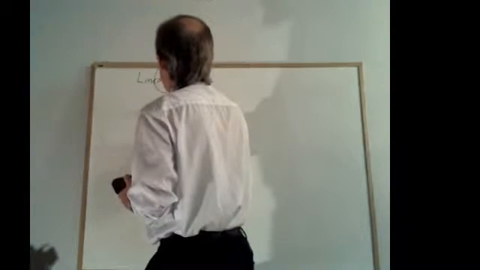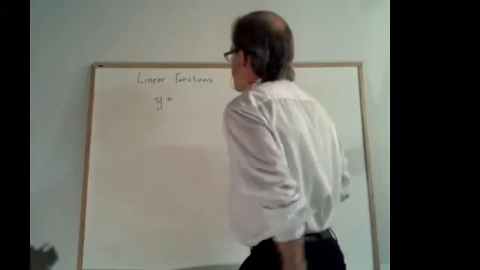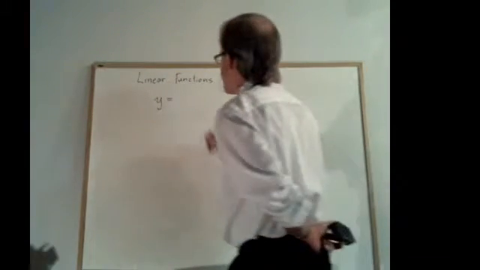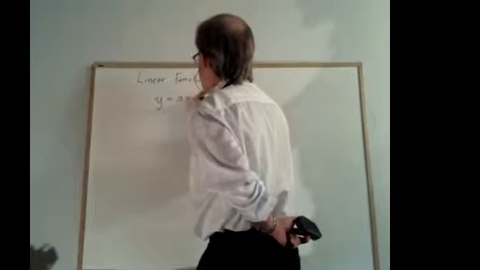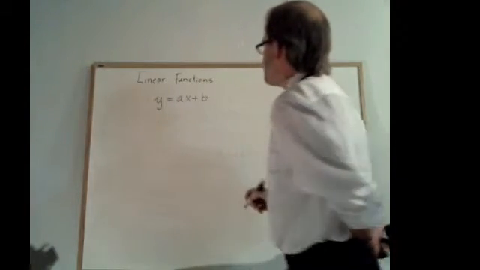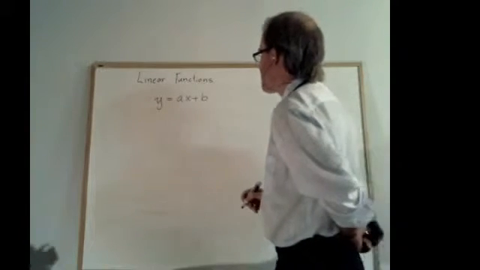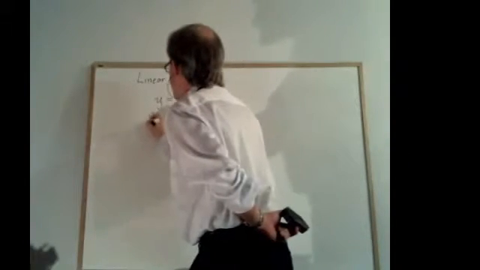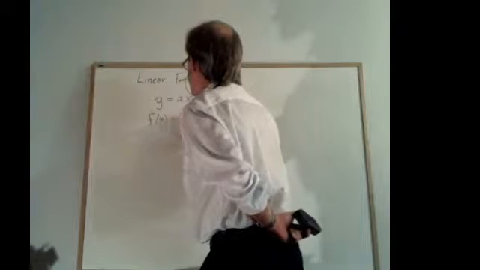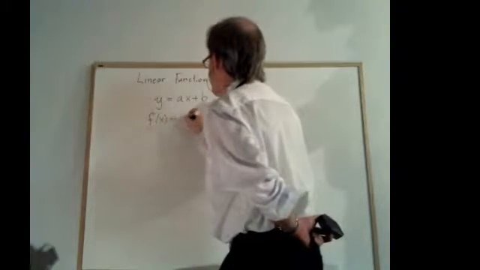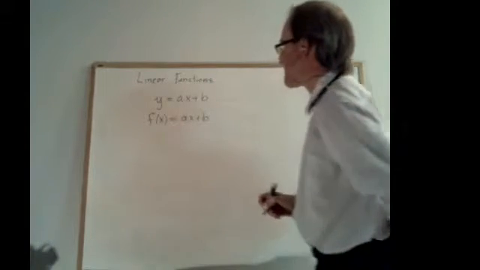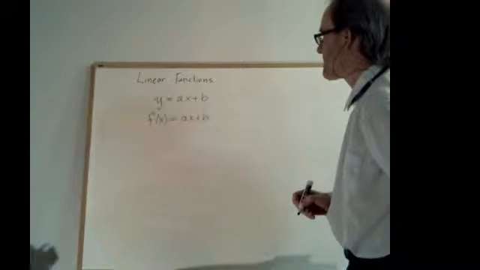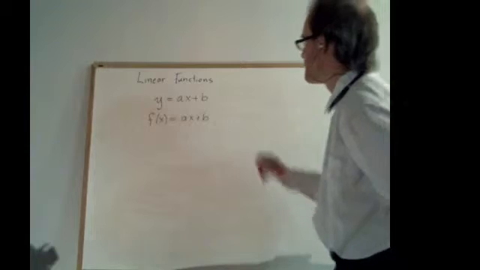Okay, so with linear functions, if you recall, we have linear equations and linear expressions. A linear equation is of this form: y is equal to ax plus b. A linear function is simply to take the right-hand side and call that f of x. So a linear function is of this form: f of x is equal to ax plus b.